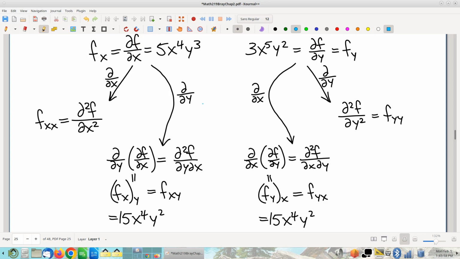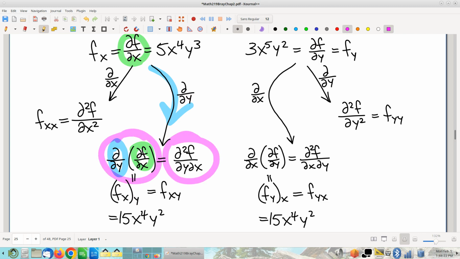So as follows. If I take this x partial, and if I want to represent the act of taking the y partial of that, doesn't this seem like a reasonable notation? It practically reads off the page that we're taking the y partial of the x partial of f. And so with this notation in mind, the shorthand that we use is this right here.